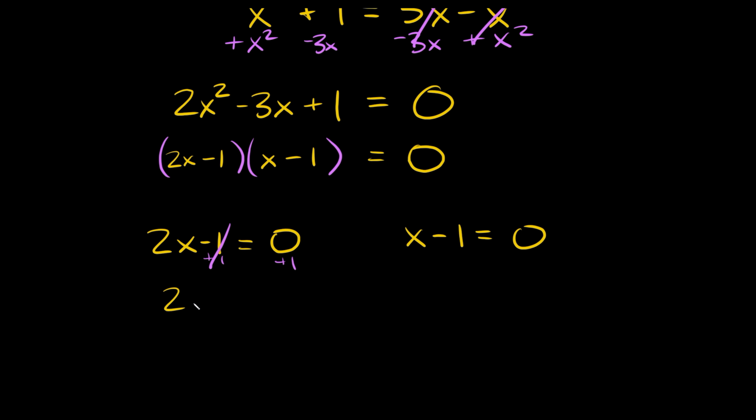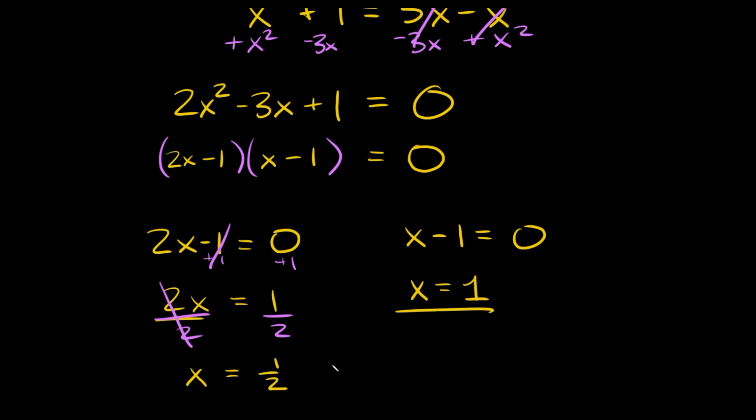So here we get 2x is equal to positive 1. Solving for x, we can get rid of this 2 by dividing both sides by 2, and we get that x is equal to 1/2. Now on this side, we can see pretty easily that x must be equal to positive 1. So those are our two solutions for x.